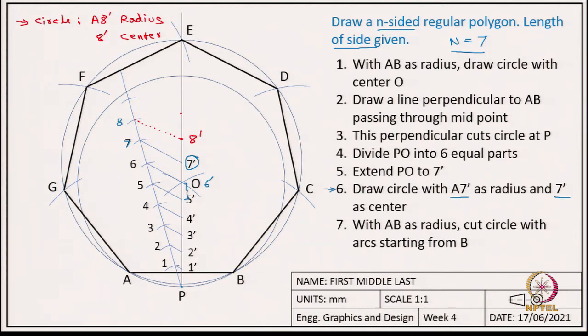So, we will first draw this circle with 8 prime as the center and the radius as A8 prime, and then draw the arcs. Again, for arcs the radius will be AB, and once we do this we will get those 8 points lying on the circle, and the last step will be to join all those 8 points to get the 8-sided polygon. Okay.